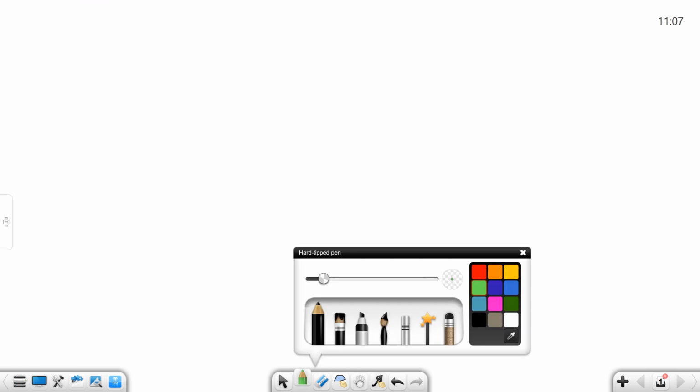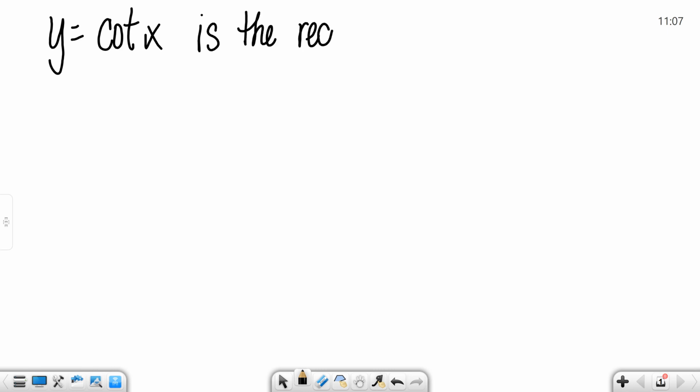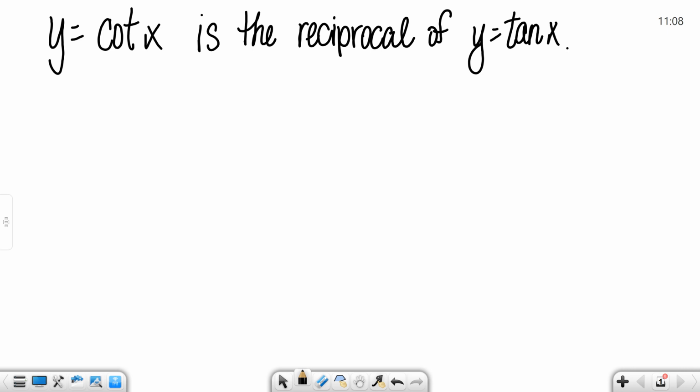Let's move on to cosecant. Actually, let's go on to cotangent before we go to cosecant. All right, so cotangent of x, we know, is the reciprocal of y equals the tangent of x. So here's why that's helpful for me.